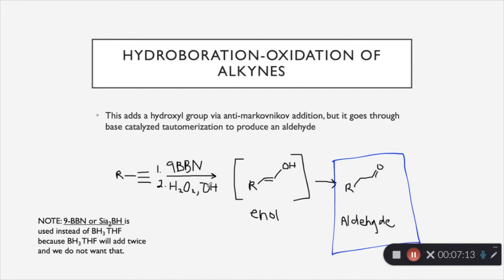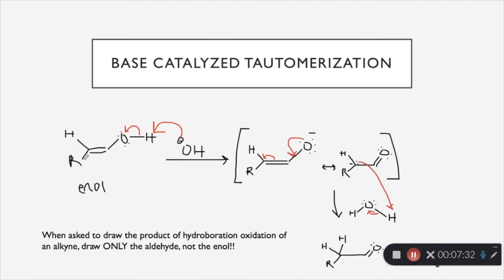The base-catalyzed tautomerization is how we go from an enol to the aldehyde. In the other example with acid-catalyzed hydration, we had acid-catalyzed tautomerization. In this case, we have base-catalyzed tautomerization. So now we're going to go through the mechanism for base-catalyzed tautomerization.